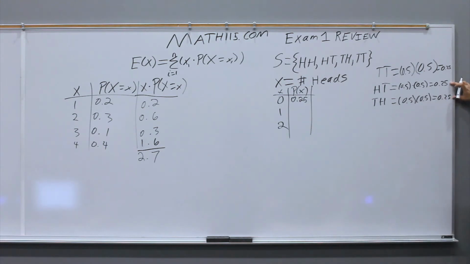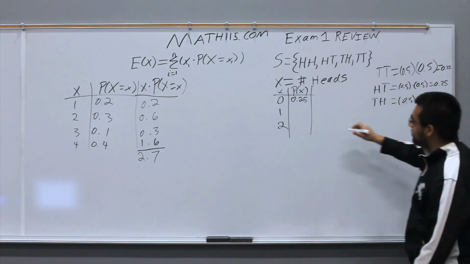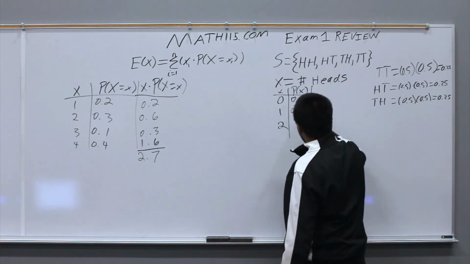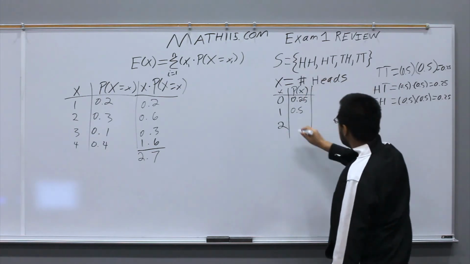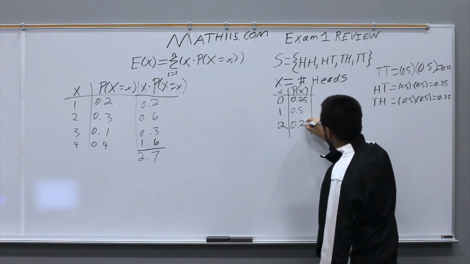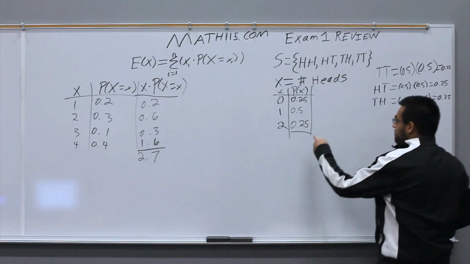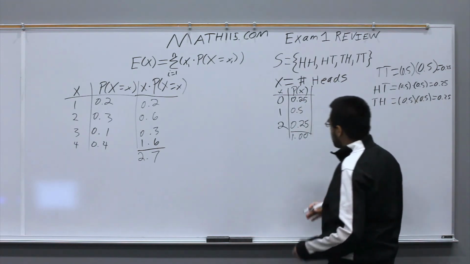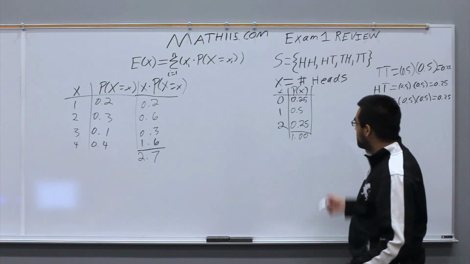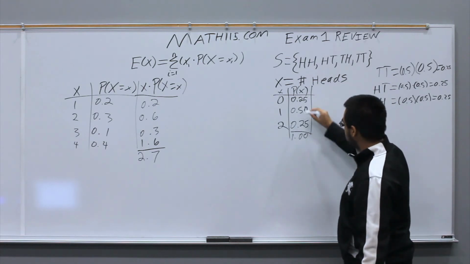Well, it's these two answers combined. You add these two together and you get 0.5. And then 2 is this result, 0.5 times 0.5, just like we did here. So this would be 0.25. And we know we're right because the sum of this column adds up to 1. If you found the probabilities of all the possible outcomes, then the sum of them must equal 1.